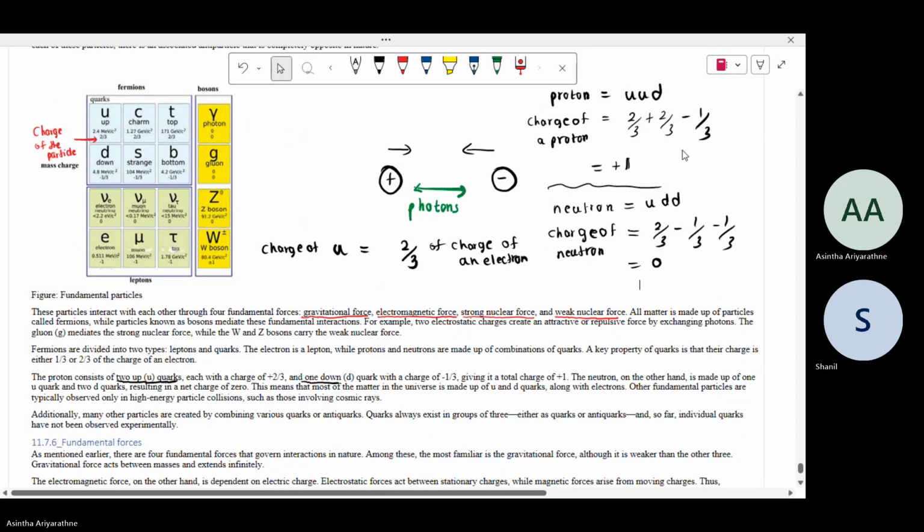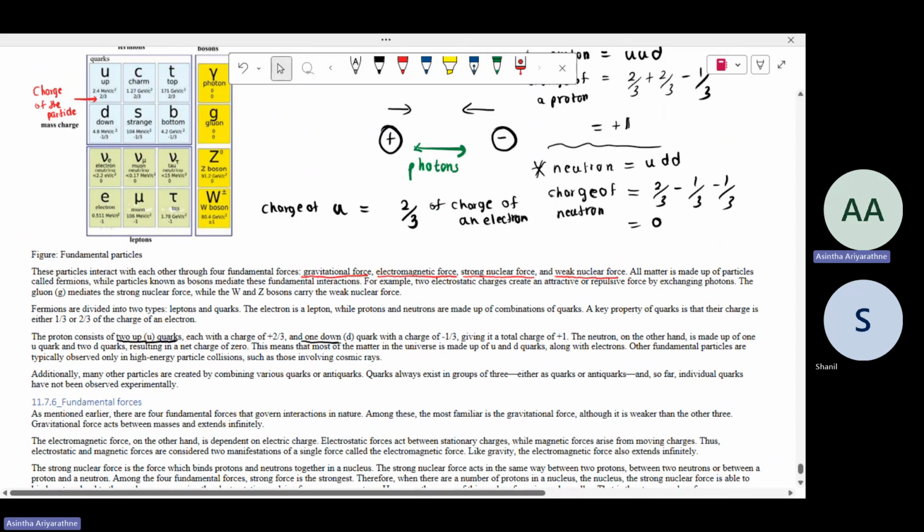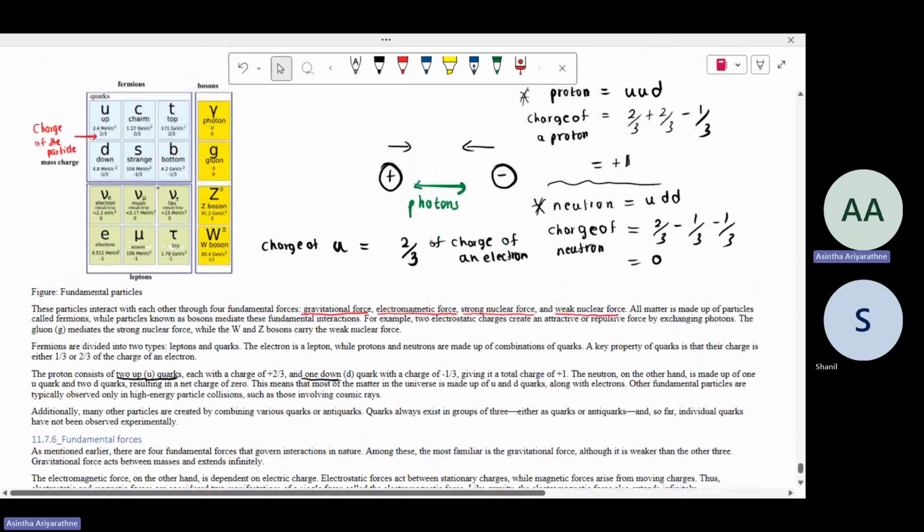So this you have to know: the proton consists of 2 U quarks and 1 D quark, and the neutron consists of 1 U quark and 2 D quarks, and their charges. These two are important.